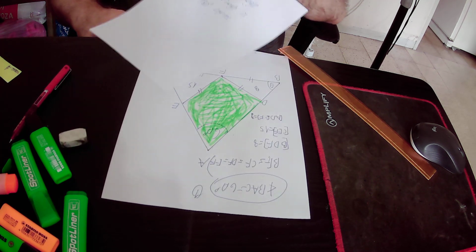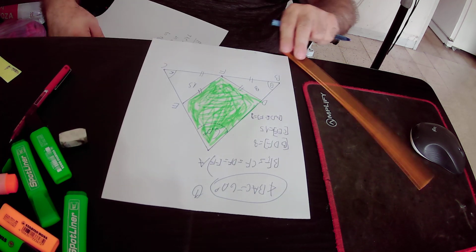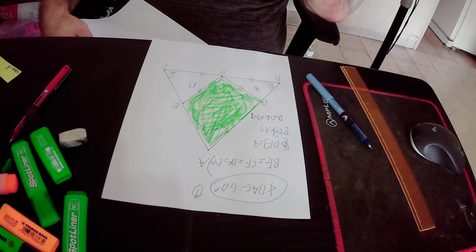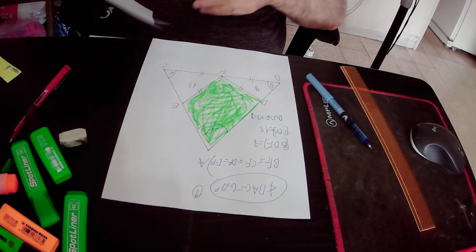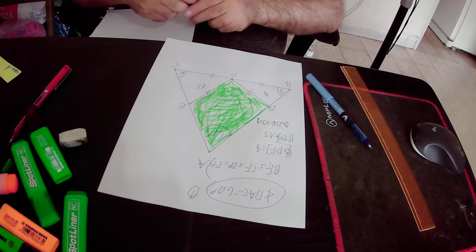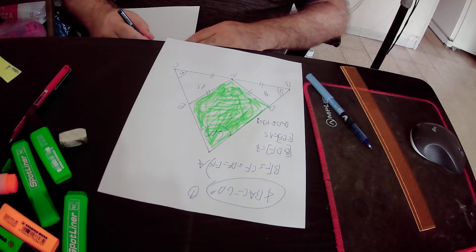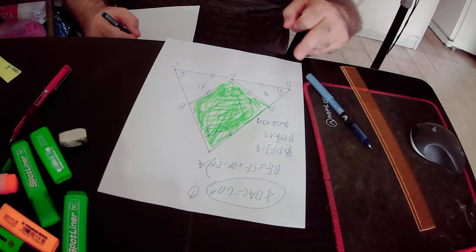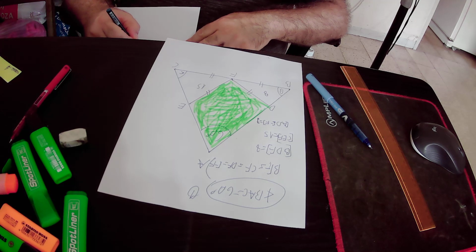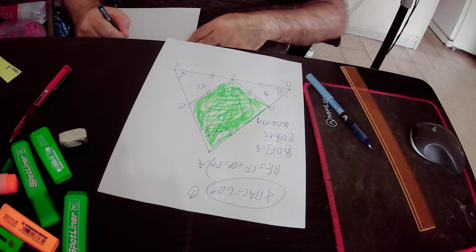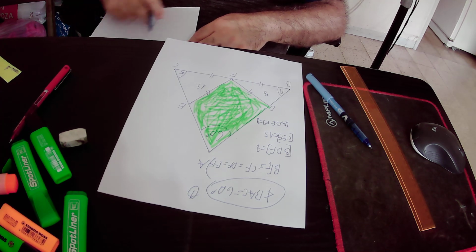So actually, especially in triangle ABC, the sum of the angles is equal to 180 degrees. That is to say 60 degrees plus angle B plus angle C equals 180 degrees according to rule number 1.